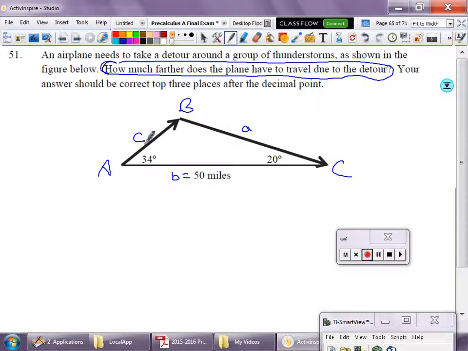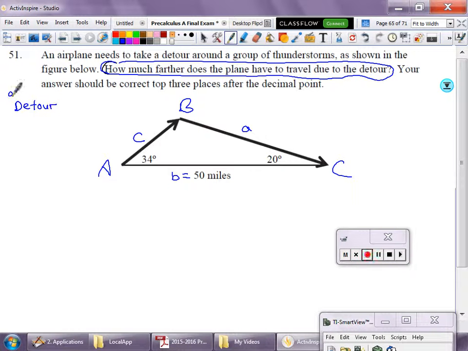Okay, so if we're taking a detour, remember the shortest distance is a straight line, so this distance is going to be longer. We need to find A and C. That is going to be our detour. So let's get that plan.